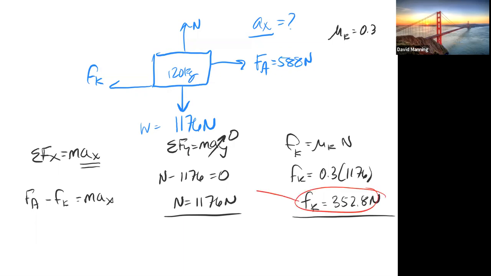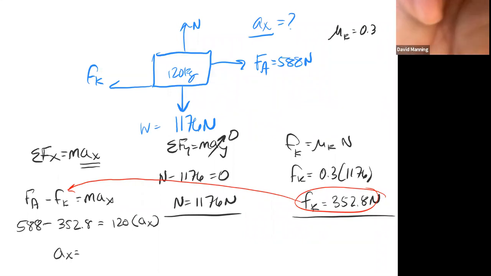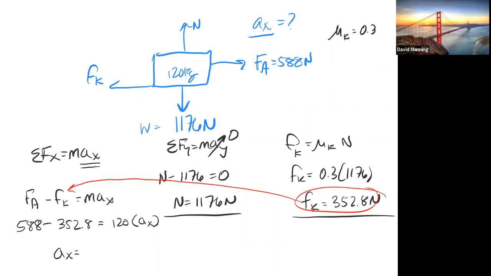Take Fk from over here, plug it in there, and we have 588 minus 352.8 equals 120 ax. ax is equal to 1.96 meters per second squared.